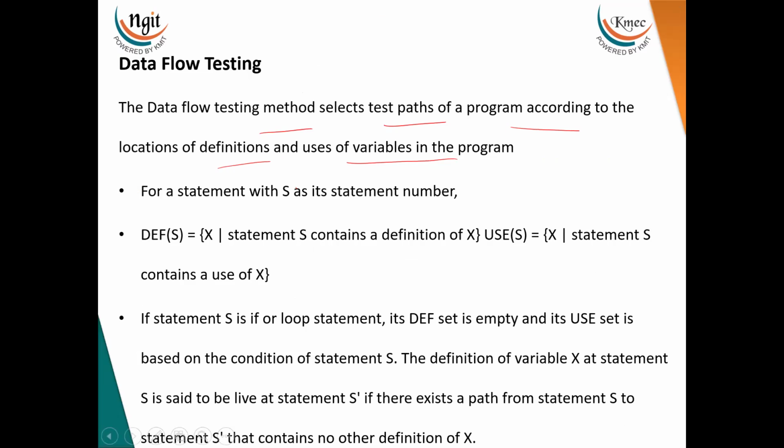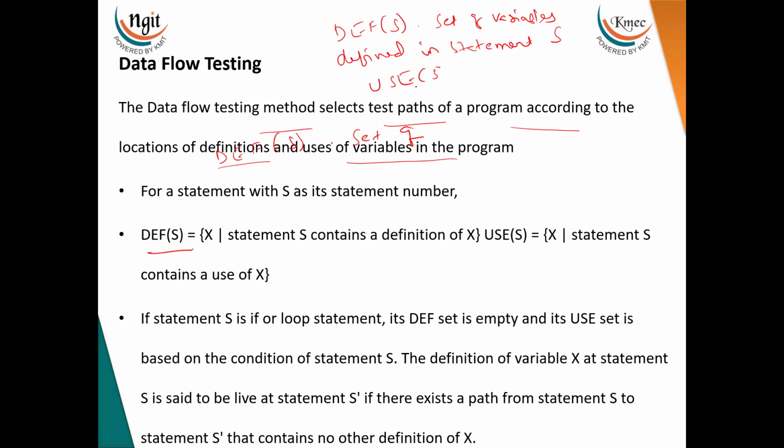Okay. So now let us see by an example. Now, if you see this, it is mentioned over here. So DEF of S is the set of variables that are defined in statement S. When I say USE of S, that is here.